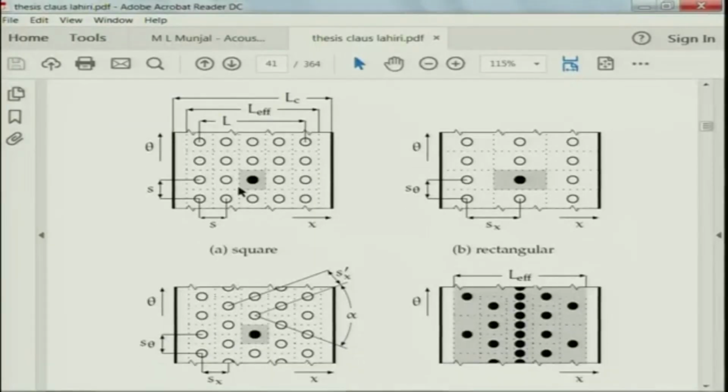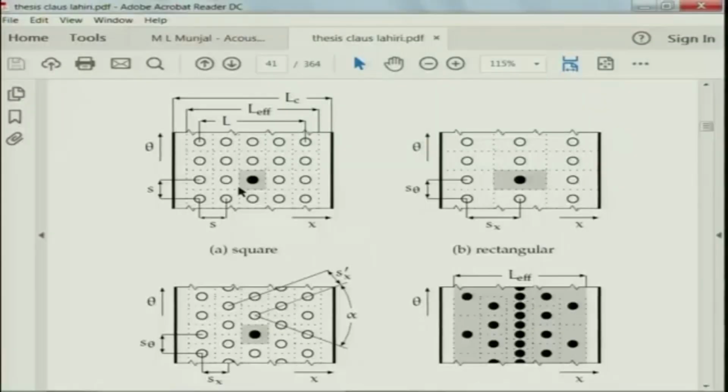Another important thing that one needs to know, before we present the expressions for perforate impedance, because there will be a number of symbols, is what these symbols would mean. So, these holes can be aligned in different manners. They can be arranged in a square kind of pattern, something like this.